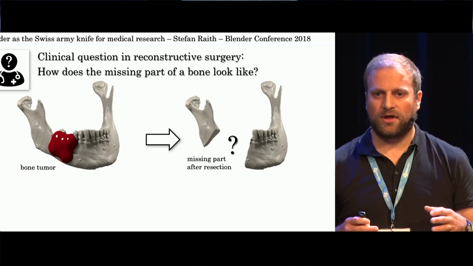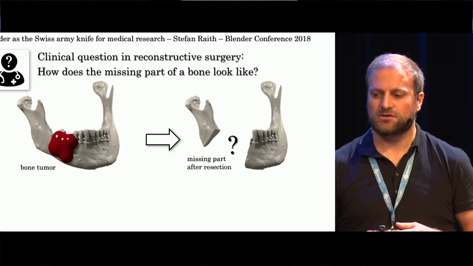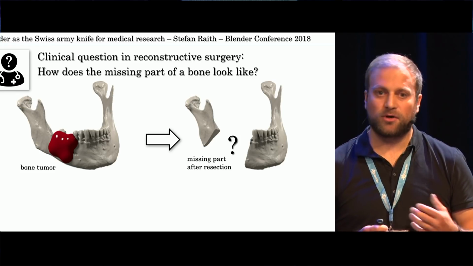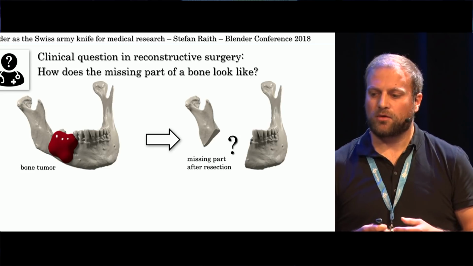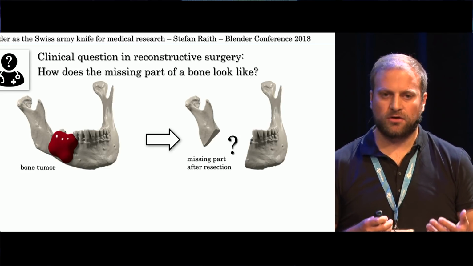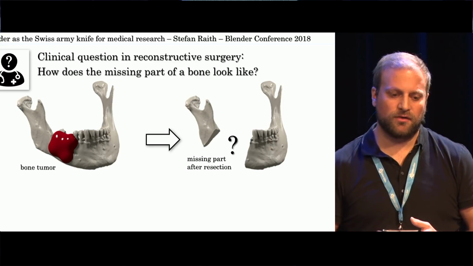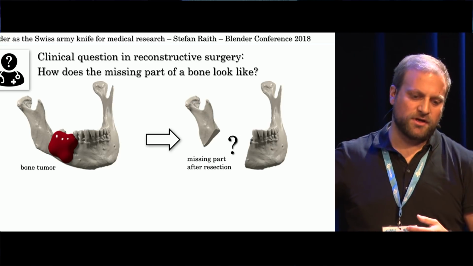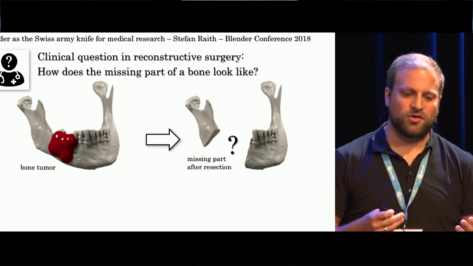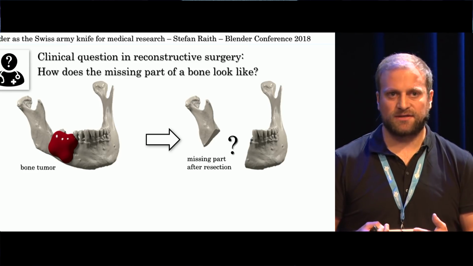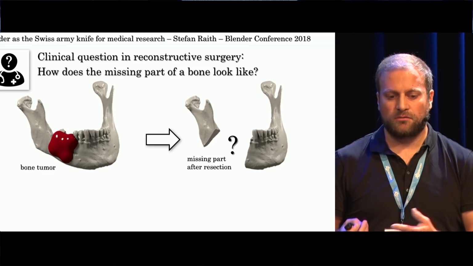Another, more concrete question would be how to reconstruct bone after tumor removal. Imagine the part that is displayed here in red would be a bone tumor that needs to be removed, and then a gap remains, which should be reconstructed with surgical techniques.